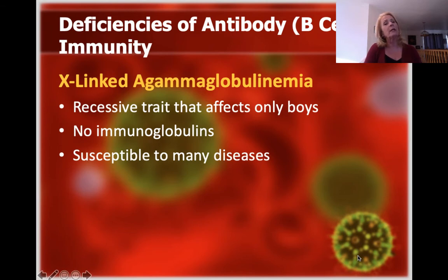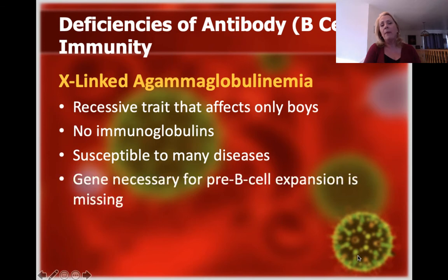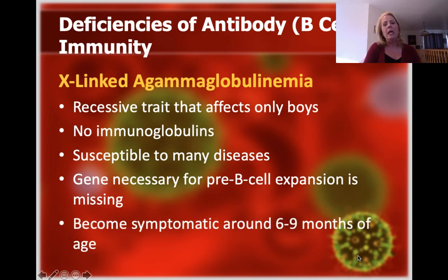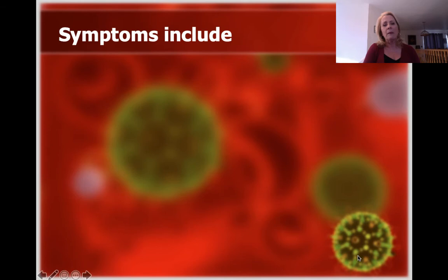So obviously, if you don't have antibodies, you're going to be very susceptible to many different types of diseases. And the genes necessary for B cell production, okay, is not happening. So you can't convert those stem cells into B cells. And so the child becomes symptomatic at around 6 to 9 months of age.